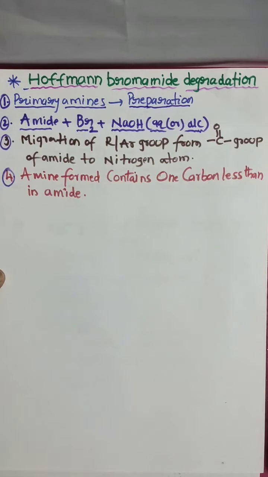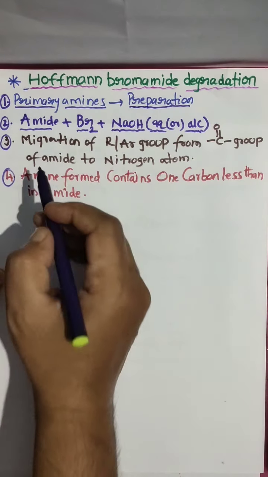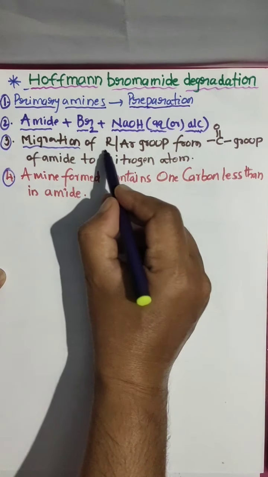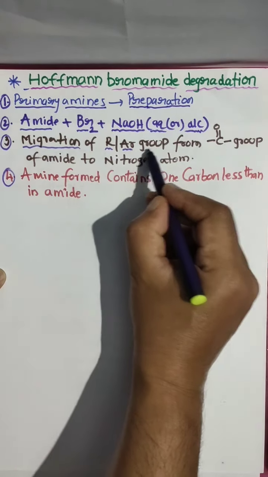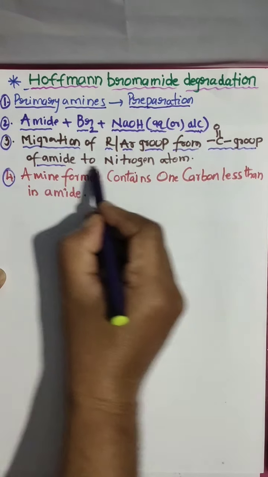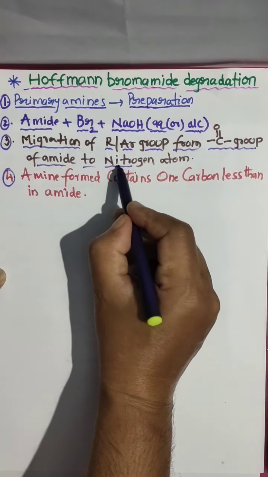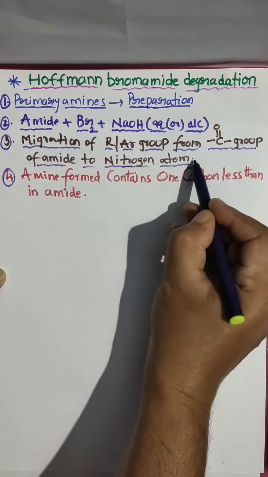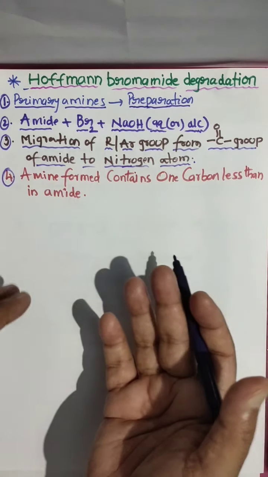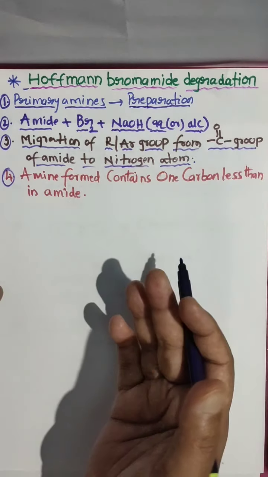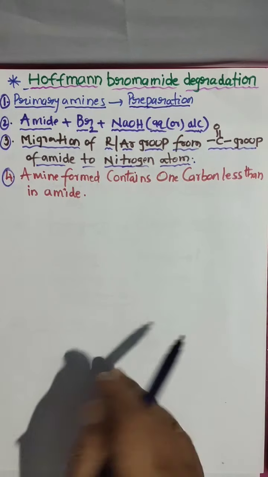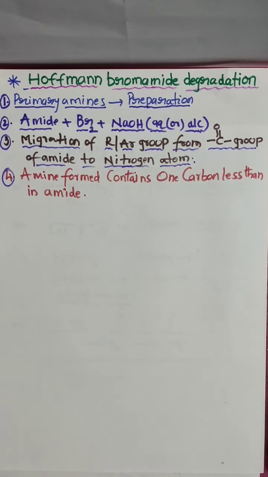Next, a very important thing: in this reaction, migration of alkyl or aryl group from the carbonyl group of amide to the nitrogen atom takes place. Later I will explain in the mechanism how it takes place.